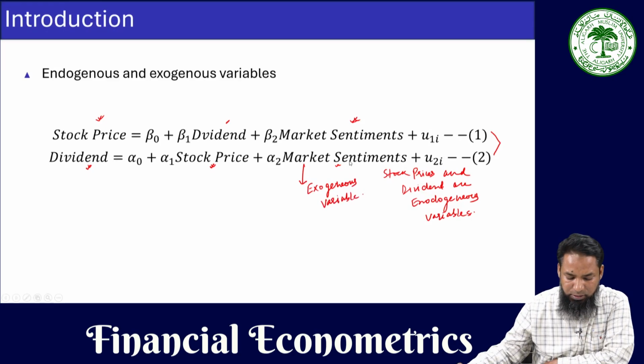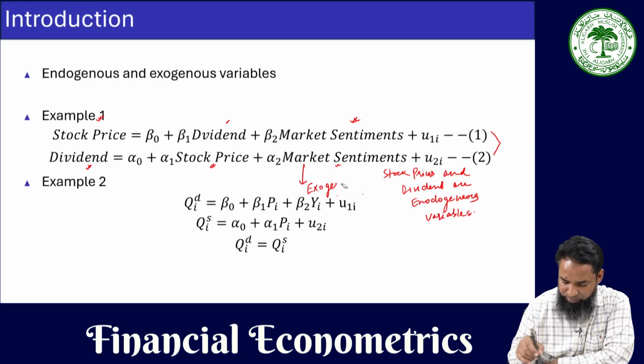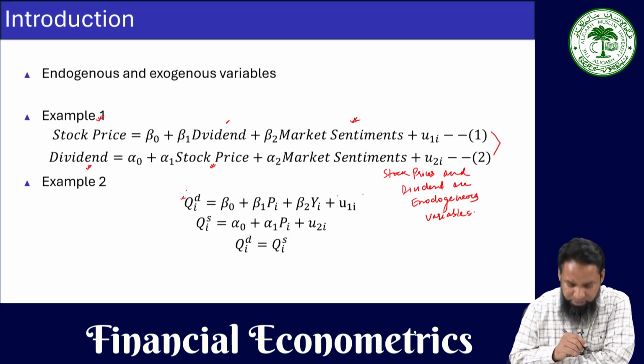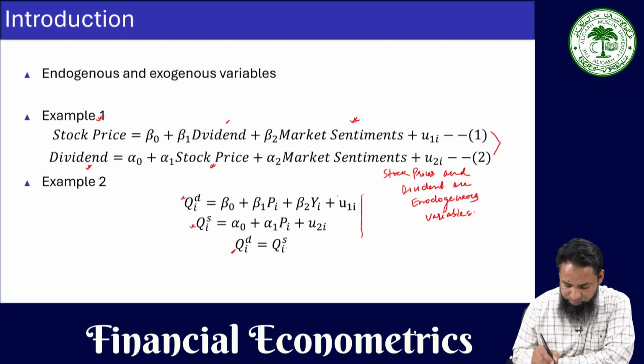Now let us take the second example. Here we can observe that the quantity demanded is being determined within this system of equations. Similarly, the quantity supplied is also being determined within this system, and through the interaction of quantity demanded and quantity supplied, we determine the price.